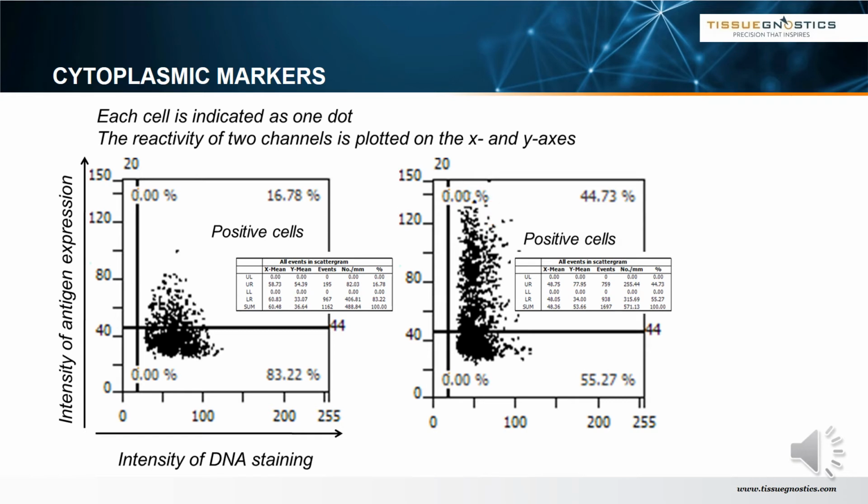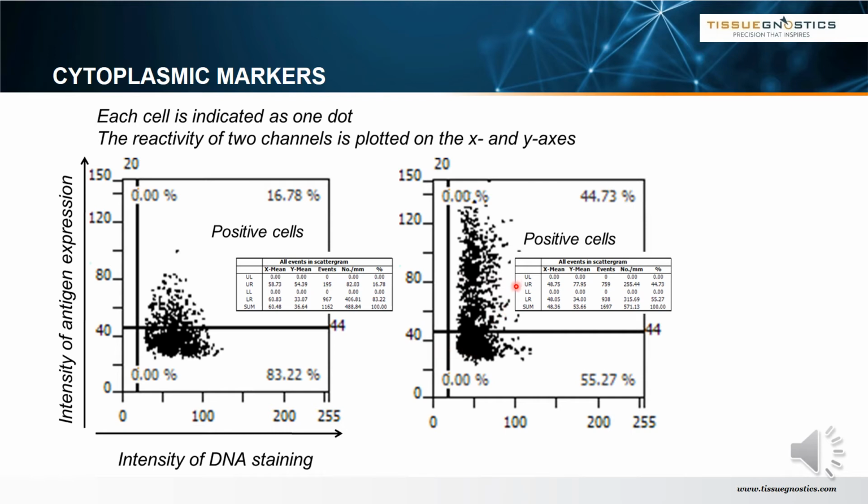Like in flow cytometry, we get the quadrant statistic. The two cutoffs, this, which is the cutoff for the parameter shown on the x-axis, being the intensity of the DNA staining, and this, which is the cutoff for the parameter shown on the y-axis, which is the marker under investigation. These two cutoffs separate our diagram into four quadrants: the upper left, the upper right, the lower right, and the lower left.